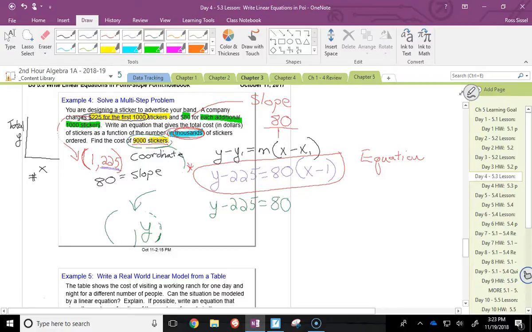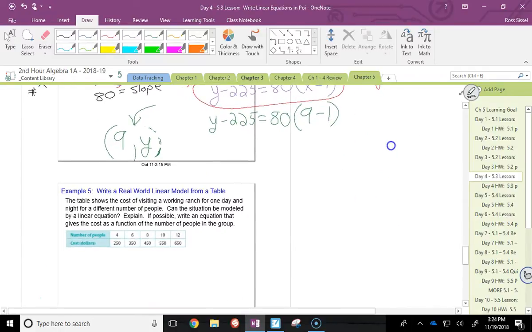But what we do know is we have 9,000 stickers. But remember, they're telling us in thousands. So 9,000 is how many thousands? Hopefully you got it. It is 9. So there's 9 thousands in 9,000. So when I write my equation, our x is 9 minus 1.